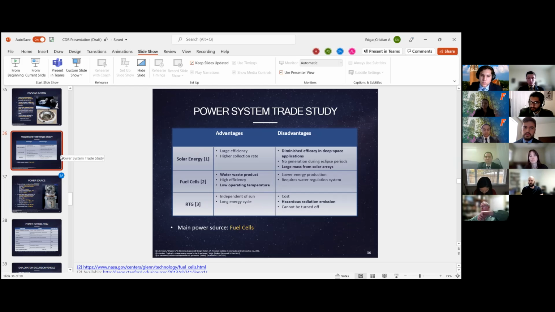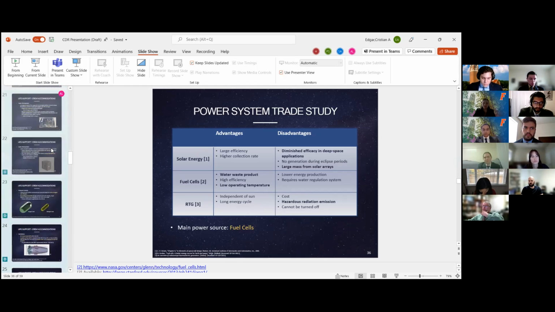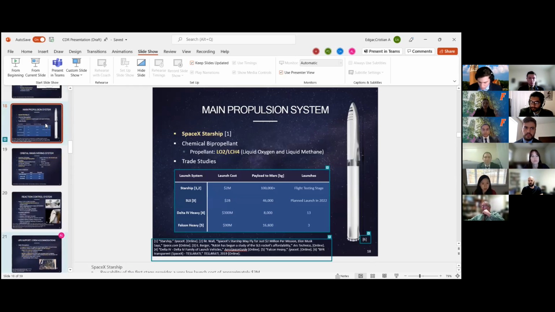I think in the trade study of the launch vehicle on page 18, it's great that you have a trade study, and you consider the cost, the payload, and how many launches it requires. They are all very important. One trivial thing you may consider adding: since you already chose Starship, it is probably not a big deal because Starship is huge.